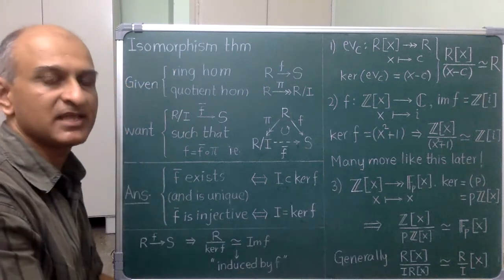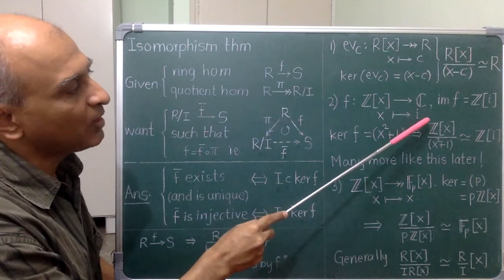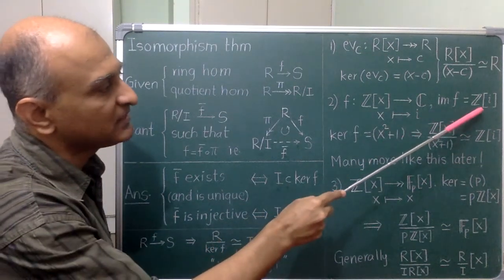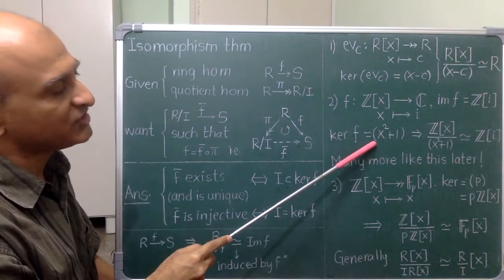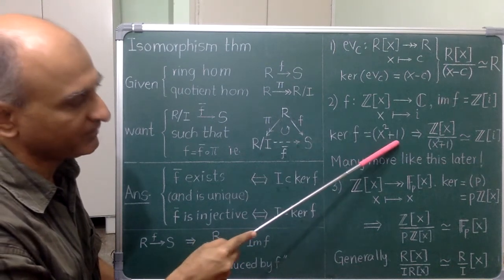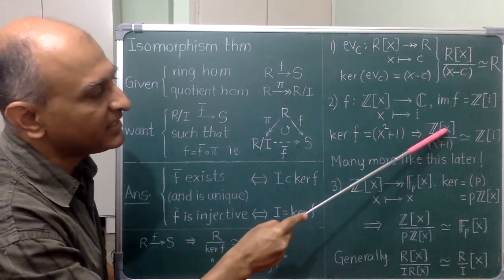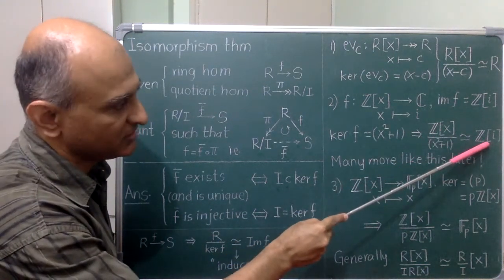In the second example, I am evaluating an integer polynomial at the complex number i. The image of this map is the ring of Gaussian integers. And again by long division, the kernel is the principal ideal generated by x squared plus 1. So I get an isomorphism between Z[x] modulo this ideal and the ring of Gaussian integers.